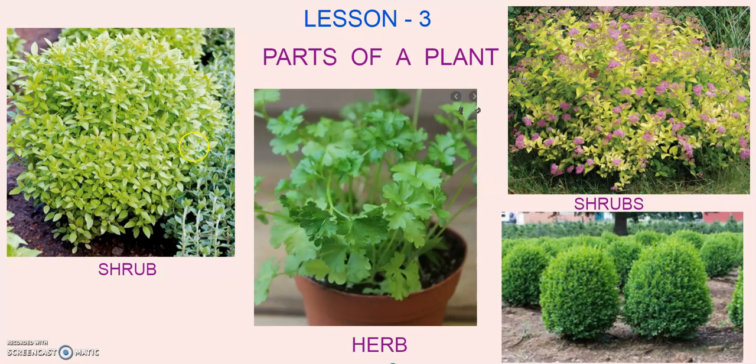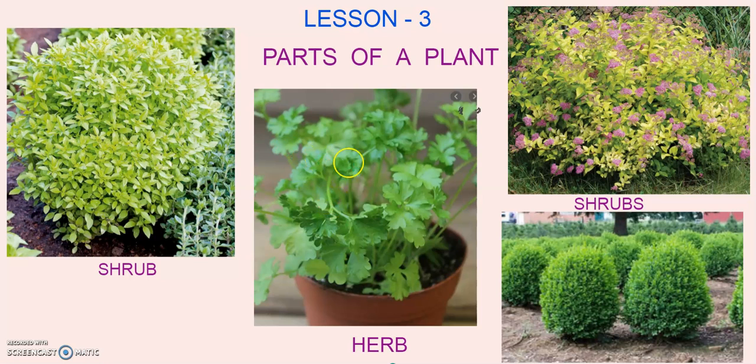There are two types of plants. One is shrubs and the other one is herbs. This is an example plant for shrub. This plant is an example for herb. How is this plant? Yes, this is very short.